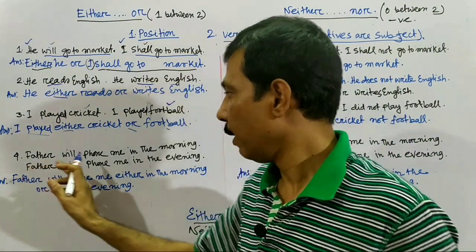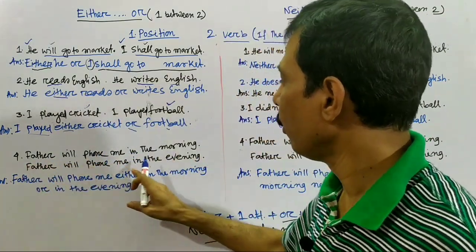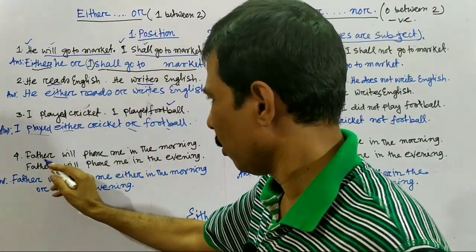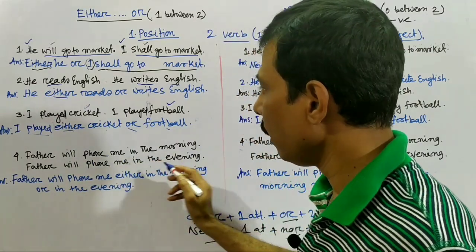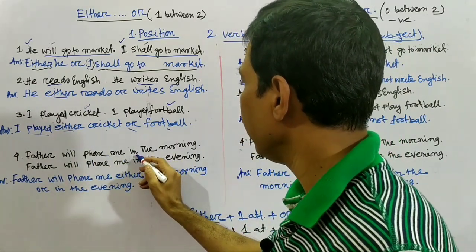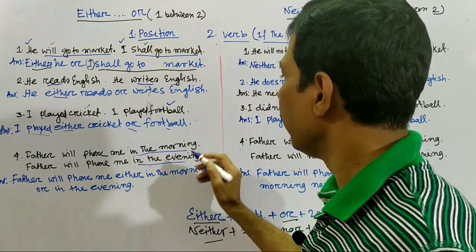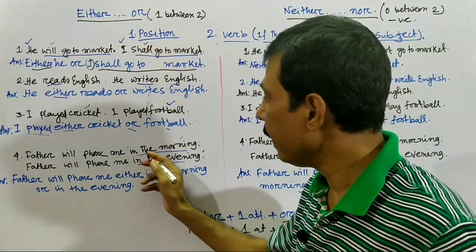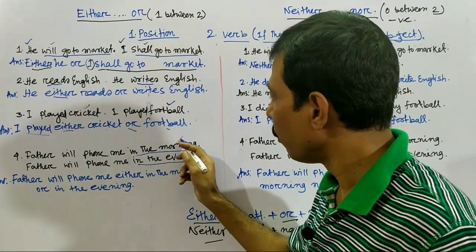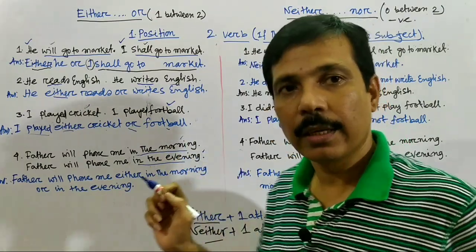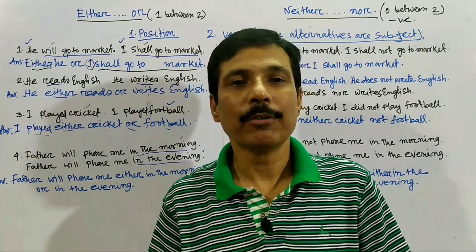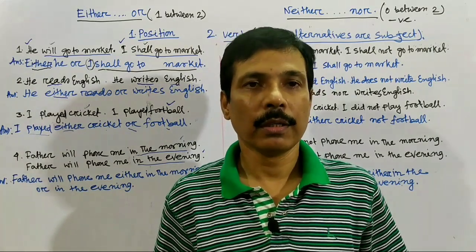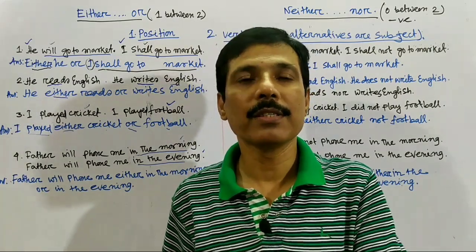Number four: father will phone me in the morning, father will phone me in the evening. Use either or. So you will notice here, in the morning and in the evening, actually morning or evening are the alternatives, but you should remember that in these two words are used for morning, and these two words are used for evening. Suppose I am giving an example: you are invited here, but you take a phone and the host said that the phone is not invited.